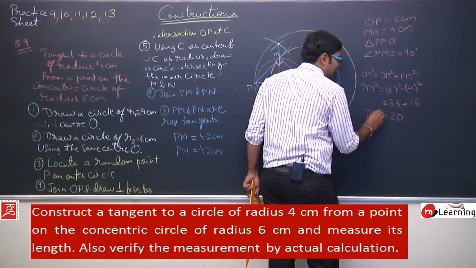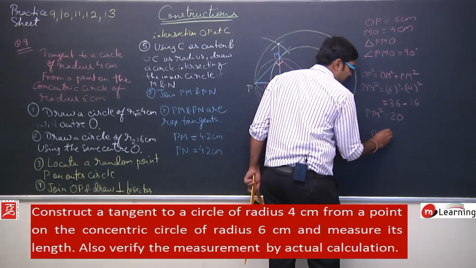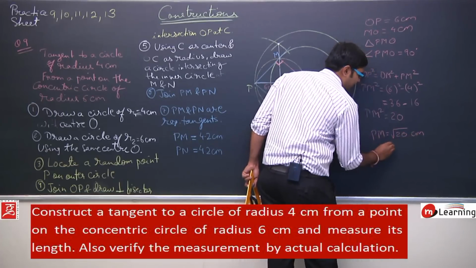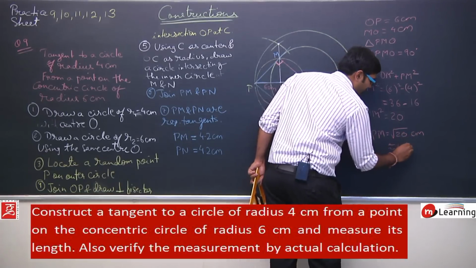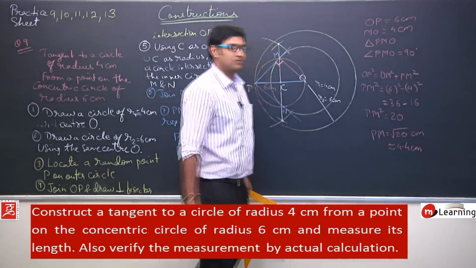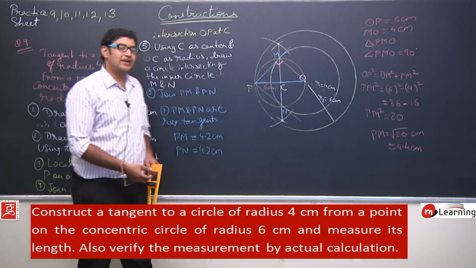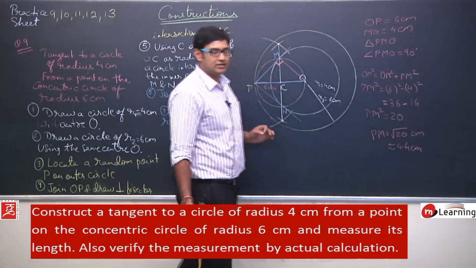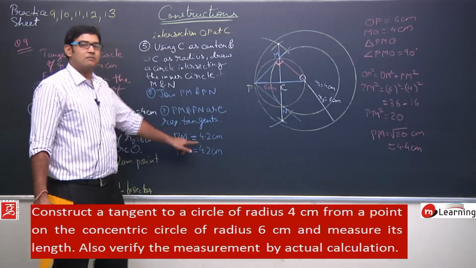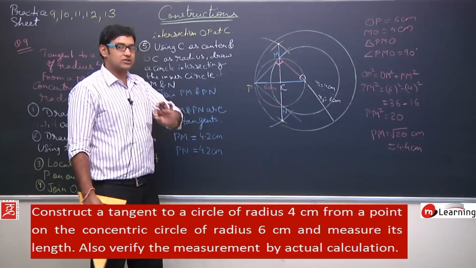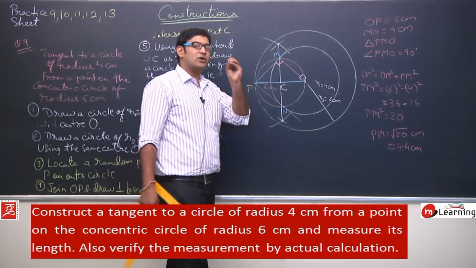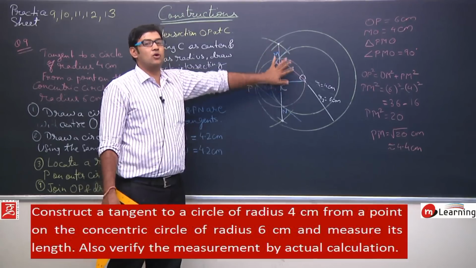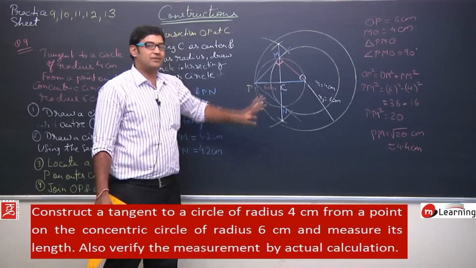So PM square is equal to 20, and PM will be root of 20 centimeters, which will nearly be equal to 4.4 centimeters. And by the construction we have drawn PM as 4.2 centimeters. So you can see an error of only 0.2 centimeter is occurring here, and that too because it's drawn on the board, so there might be some errors in the measurement.